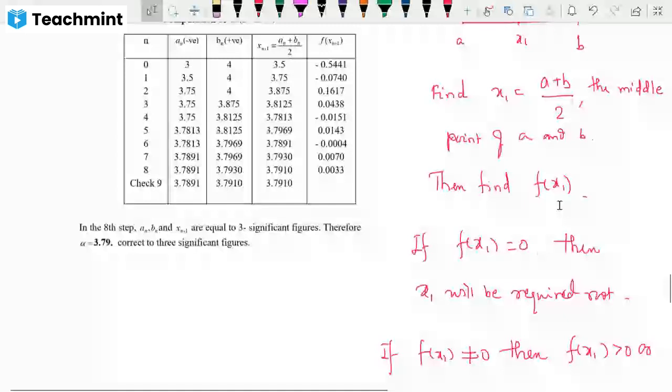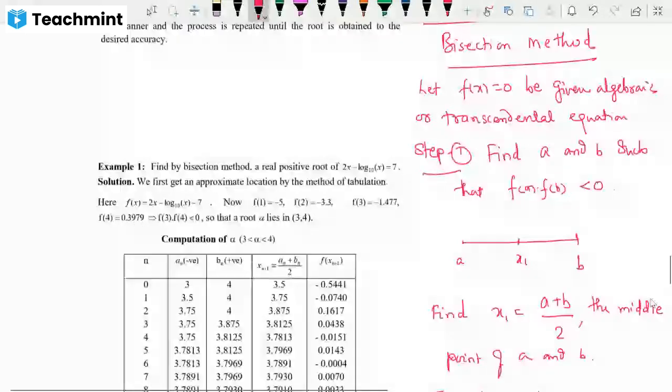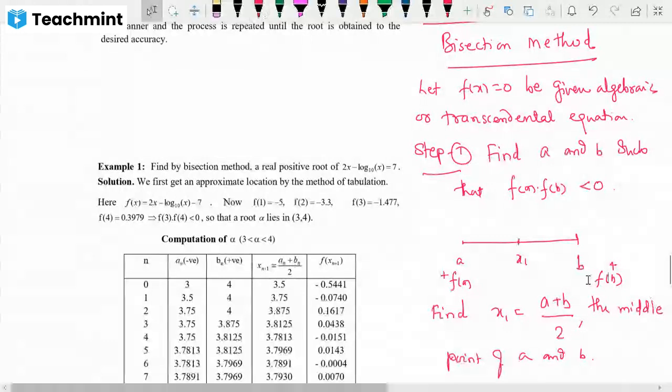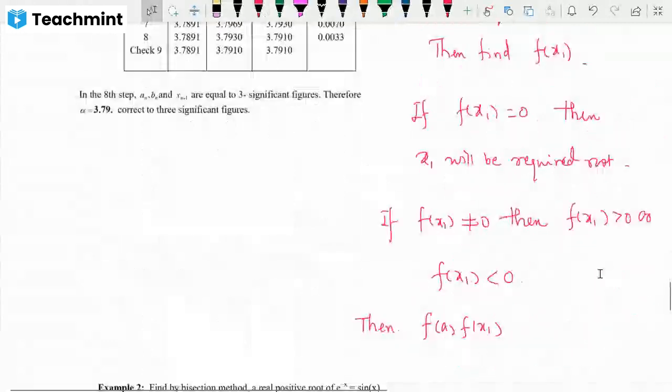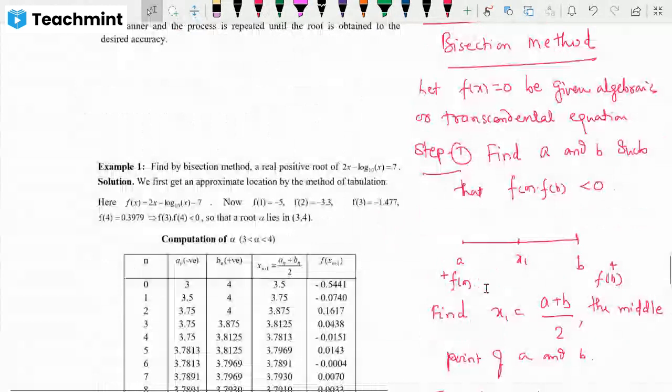Suppose f(a) is positive and f(b) is negative. If f(x1) is also positive, then f(a) is positive and f(x1) is positive, so the root will not lie between a and x1. So next time we'll omit this interval and consider our interval x1 and b.